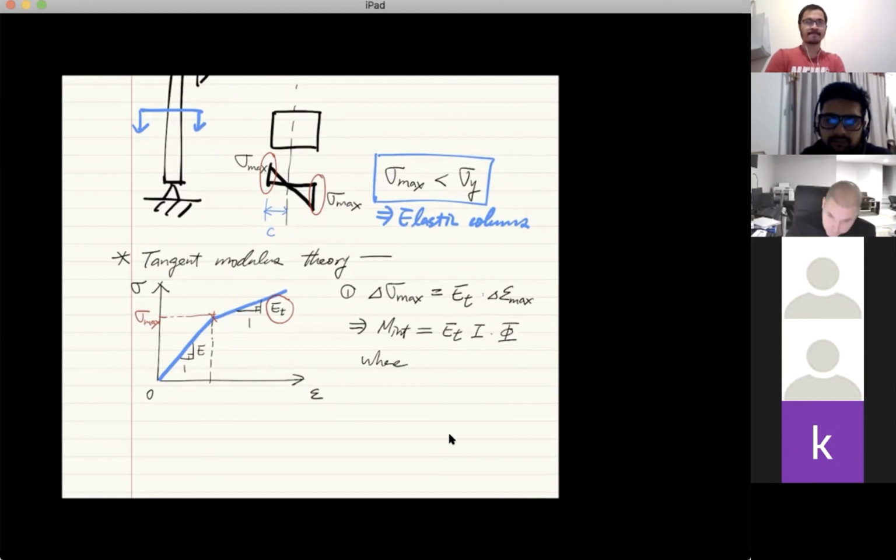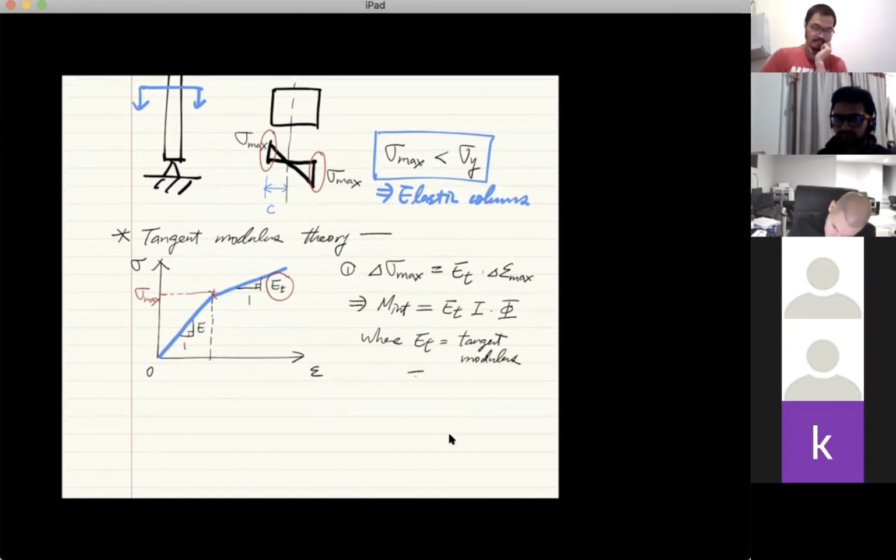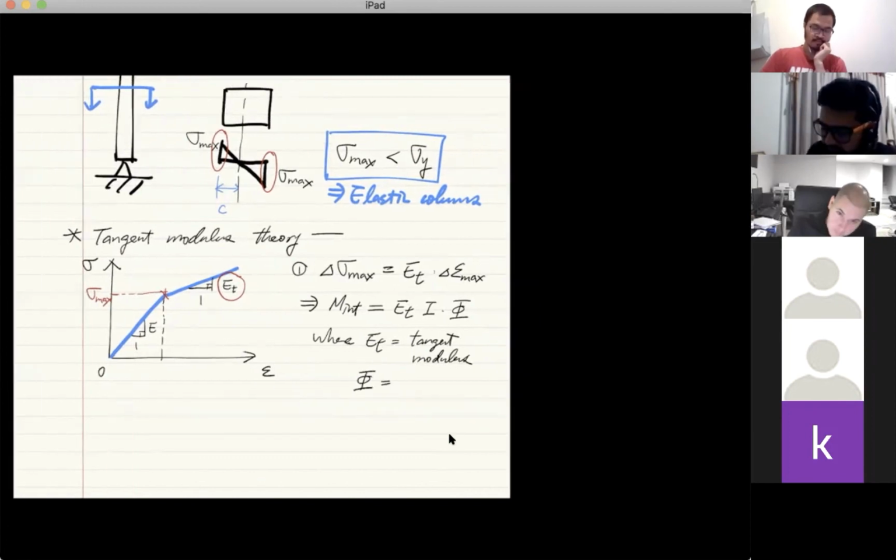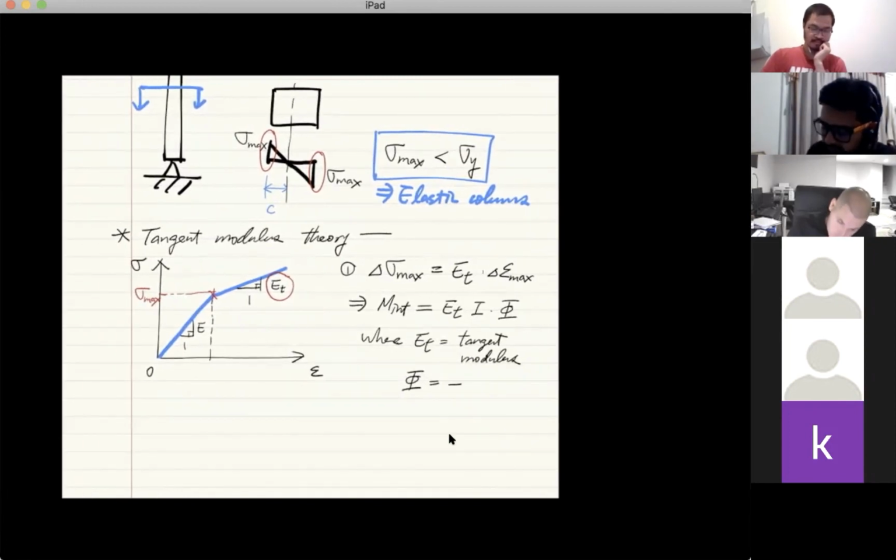Let me define the terms. Here, E_T is what we call the tangent modulus. And curvature here, as you already know, is the second order derivative of y with respect to x, or you can simply write it as y double prime.